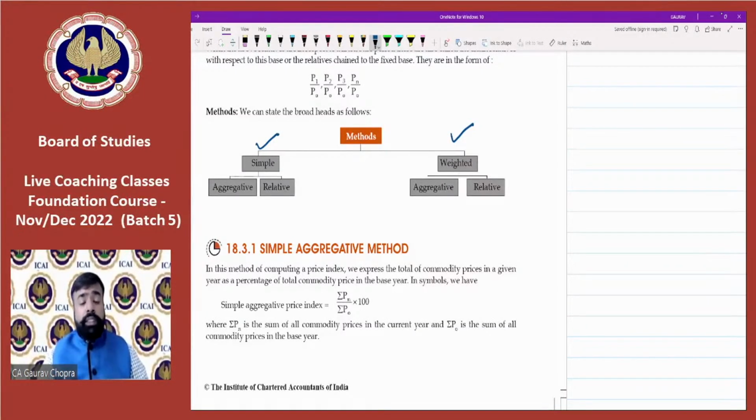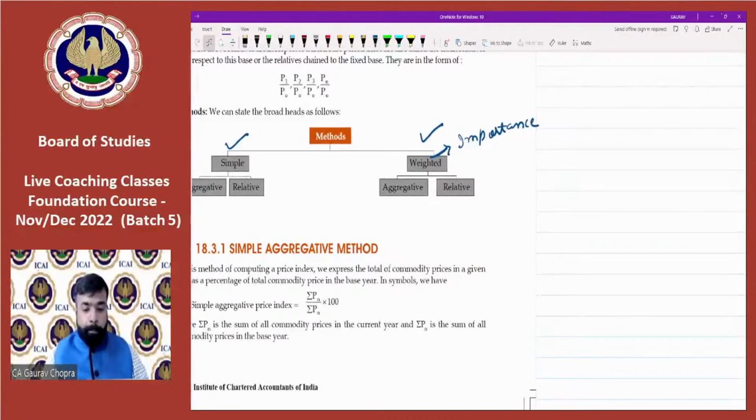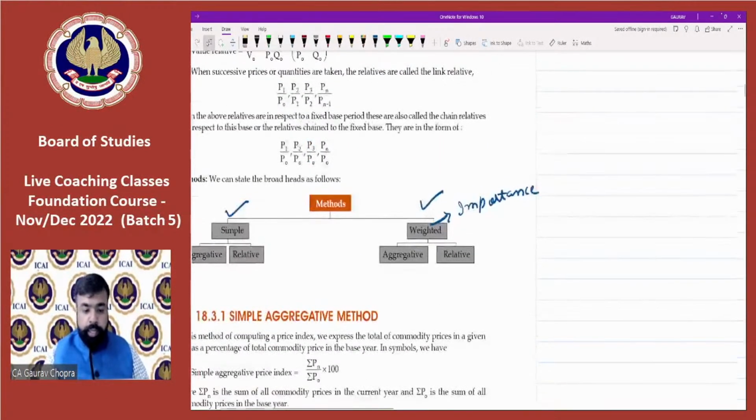Simple method means there is no weight involved, there is no importance of any commodity. All commodities have the same importance, whereas weighted shows the importance of commodity. Weight shows importance of commodities.